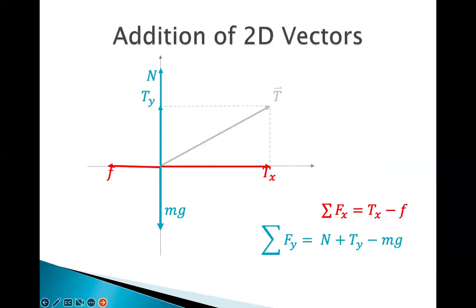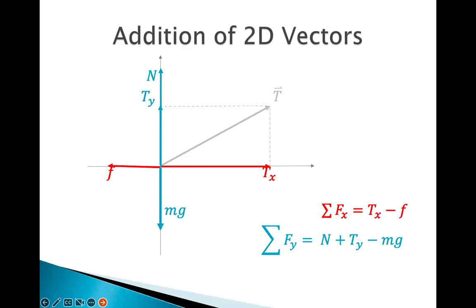Sometimes in this class, we need to add different vectors. For example, forces. Forces are properties that we can actually add up. So if one force is pushing an object this way, and another force is also pushing this way, we can add them up. Here, in the horizontal direction, T usually represents tension.